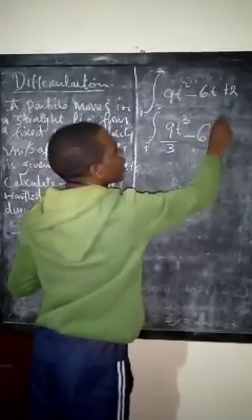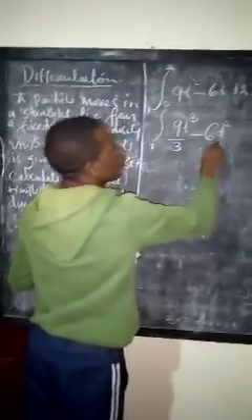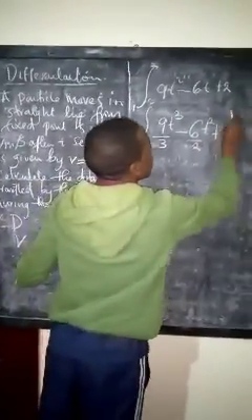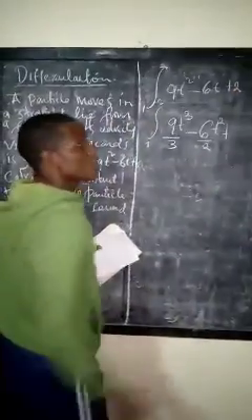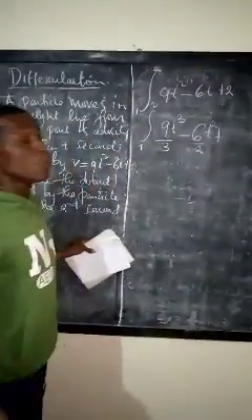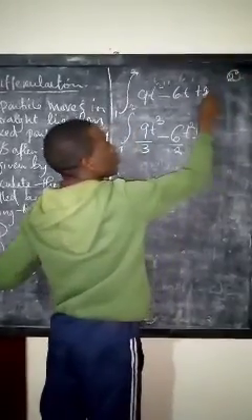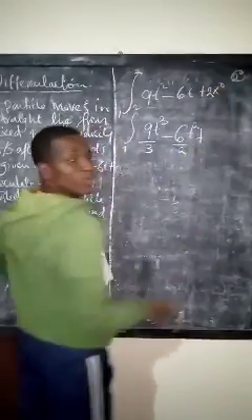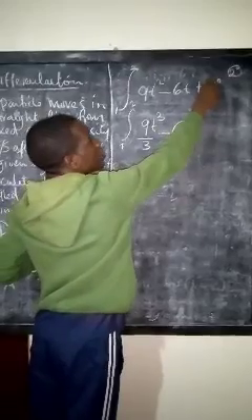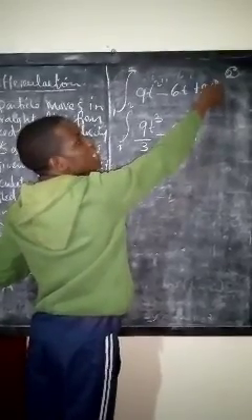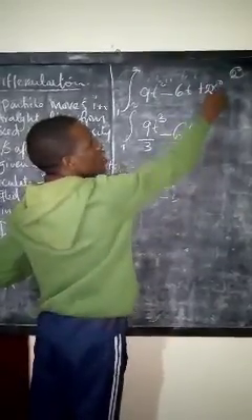When we add 1 here, we get 2, we divide by 2, plus 2. When it's a constant like this one, you remember the zero power rule, where we said a number raised to power 0 is equal to 1. Therefore, we can write this 2 as 2x power 0, which is the same as 2, because x power 0 is 1.